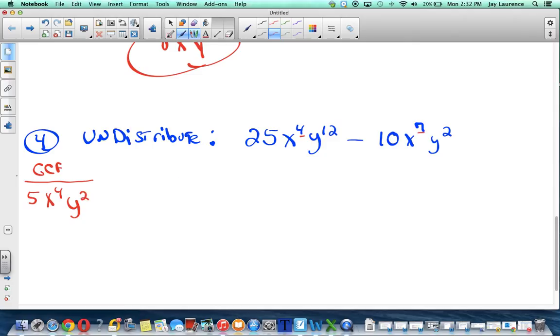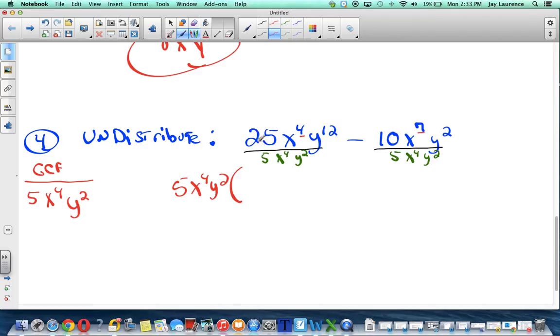So when I undistribute, I'm going to have 5x to the 4th y squared times the quantity. Here's how I get what goes in my quantity: I divide both of these by the GCF, 5x to the 4th y squared.